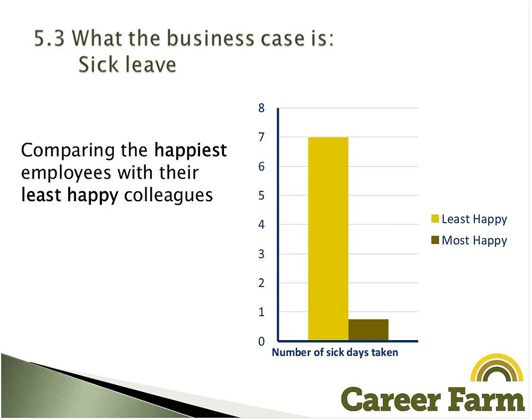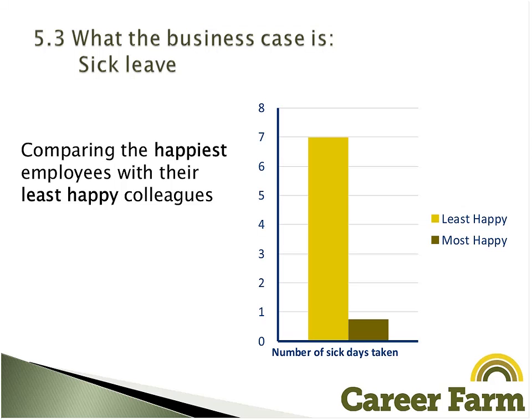On sick leave, just a quick snapshot in the data here, people who are unhappiest at work are taking 7 days off a year sick, and people who are happiest are taking about 3/4 of a day, which means they're struggling in to do something, and then they're going home. So 3/4 of a day isn't a real day, is it? They're making a big effort to still do stuff. But it also means that they're not getting so ill. And we know that when you're unhappier, you're more prone to colds.